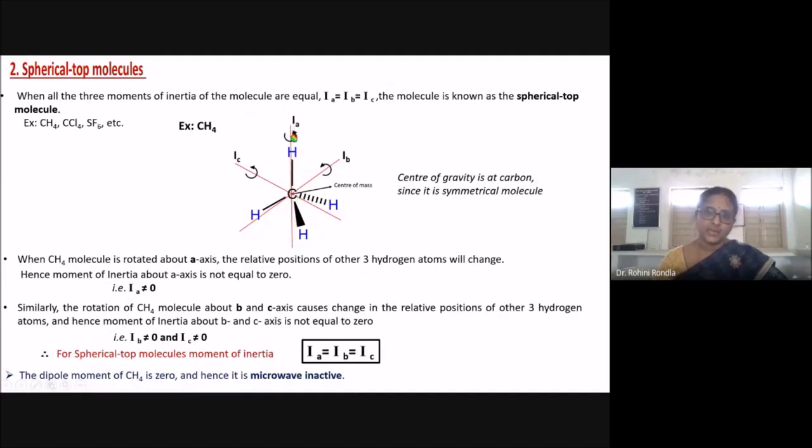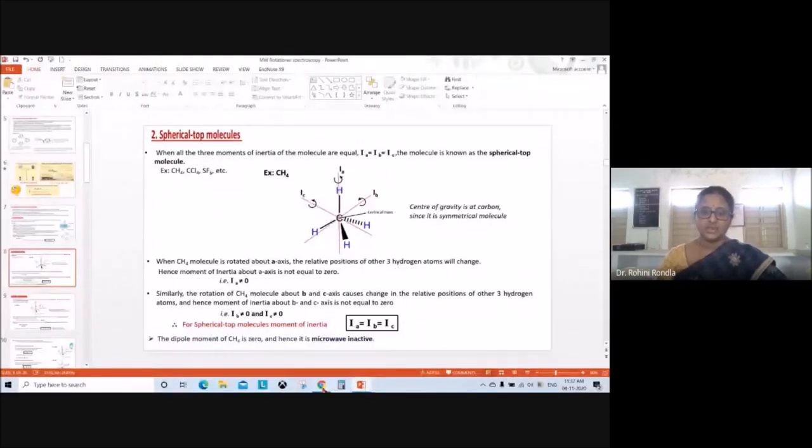Here imagine this axis is passing through carbon and this upside hydrogen. Imagine a line passing from carbon and hydrogen, and try to rotate this methane molecule. Then the positions of these 3 hydrogen atoms will change. Every molecule will resist an applied force.